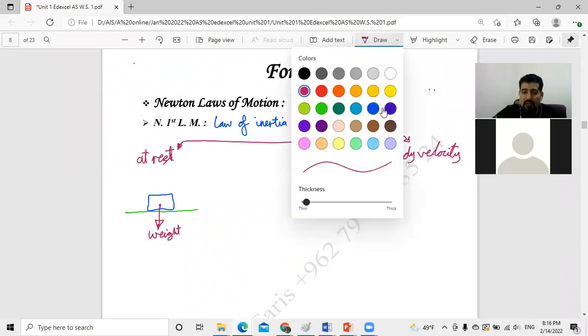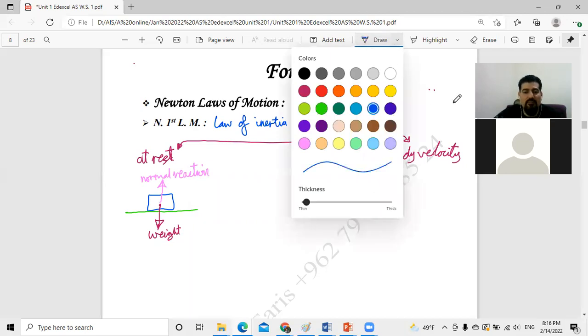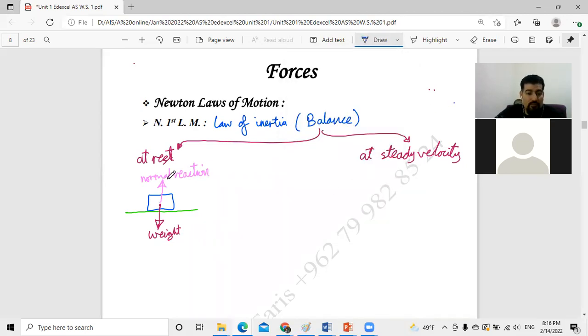So we have gravitational force downwards, and we have normal reaction upwards, from the ground or from the floor. Now which one is bigger, the normal reaction upwards or the weight downwards? You finished IGCSE, are you sure?